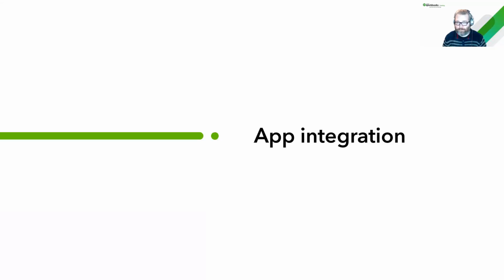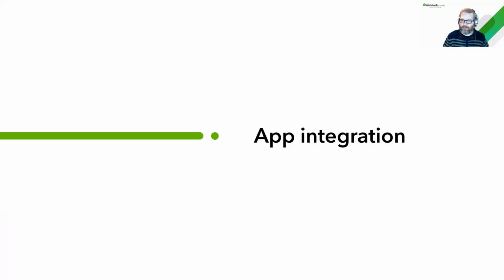So for instance, one of the apps that a lot of businesses used years ago, T-Sheets. And of course now it's actually called QuickBooks Time, but that was an app integration available with QuickBooks Desktop, and still is, where you could have people out in the field entering time, and that time got downloaded into QuickBooks, so you could run payroll and run reports, so you could check up on it all.